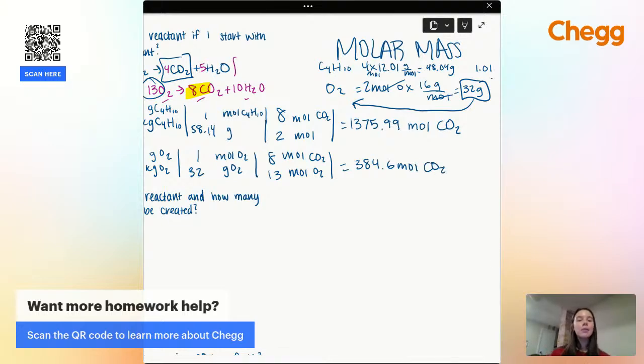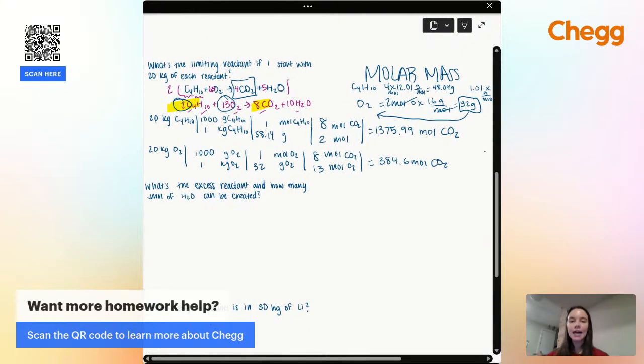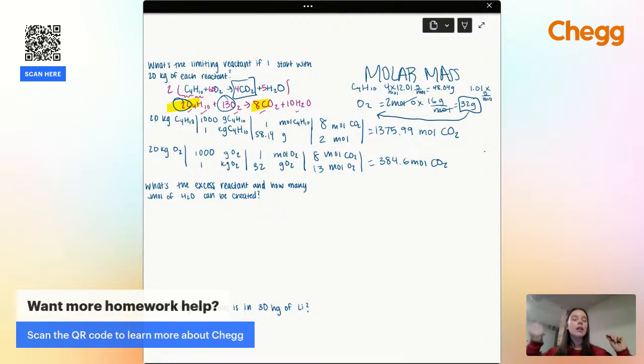So what is the limiting reactant is now the question I'm going to ask you. We figured out how much each of these reactants creates of moles of CO2, which is our product. Which is the limiting reactant, remembering that limiting reactants create less product. So if you said our limiting reactant was oxygen, you're absolutely correct.